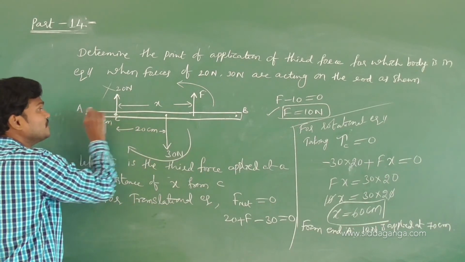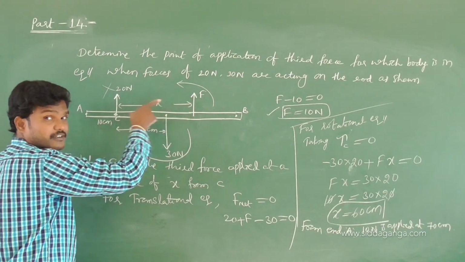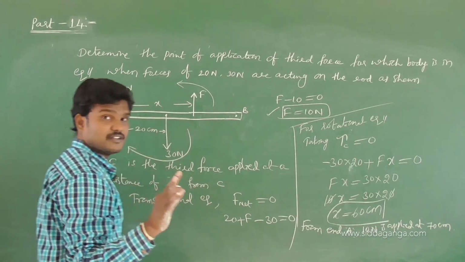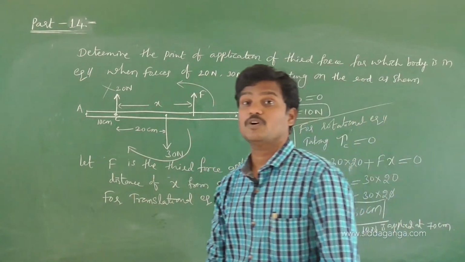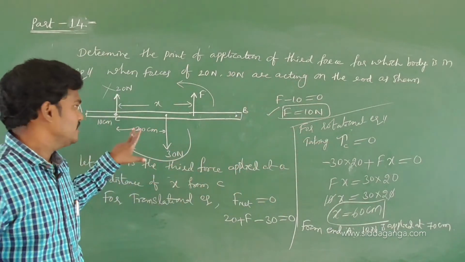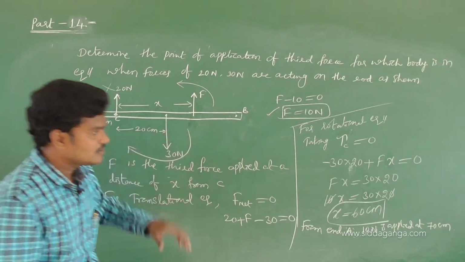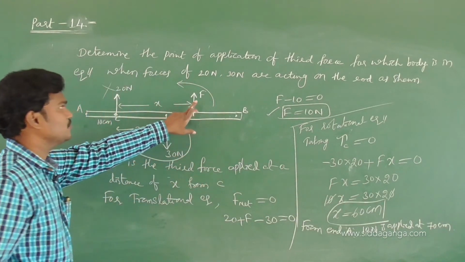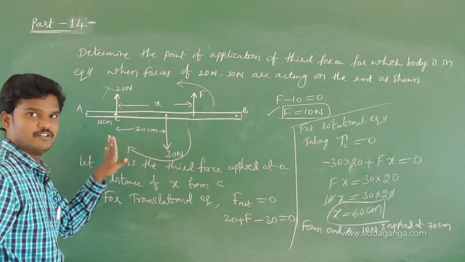From end A, at what distance do you have to apply 10 Newton? 70 centimeter. So if they expect the answer from end A, at a distance of 70 centimeter, 10 Newton force is applied. Then the rod is said to be in rotational equilibrium.